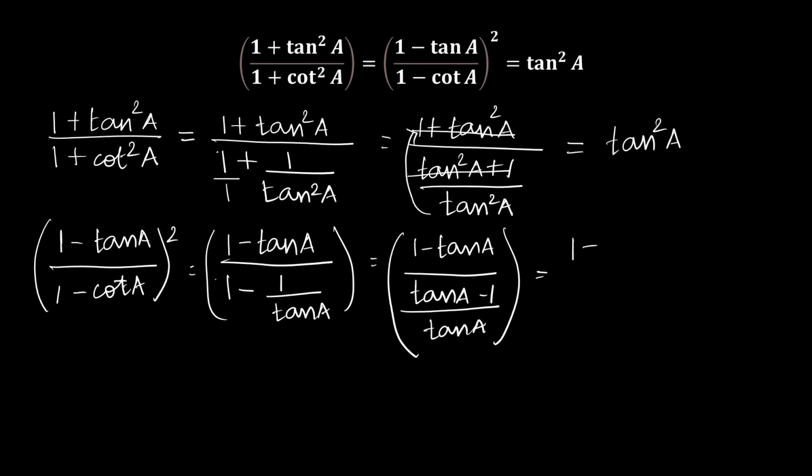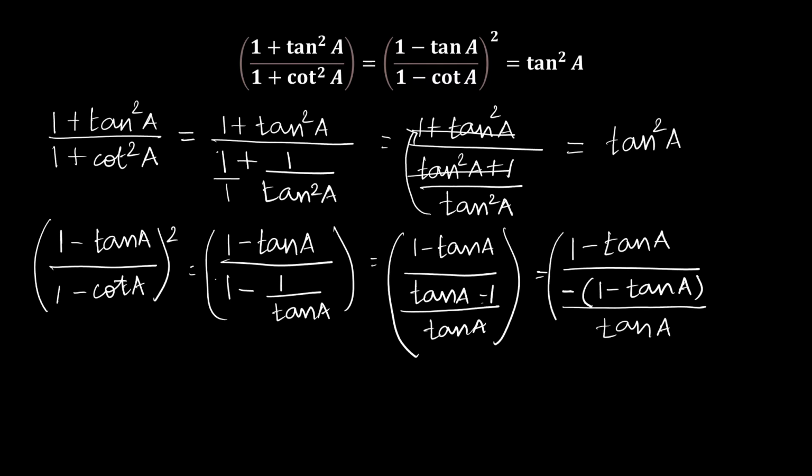I am going to take minus out from this, and I will get 1 − tan A, because minus 1 becomes plus 1 and plus tan A becomes minus tan A, by tan A, the whole square. You should see we have missed the whole square everywhere, so we write it down, the whole square.